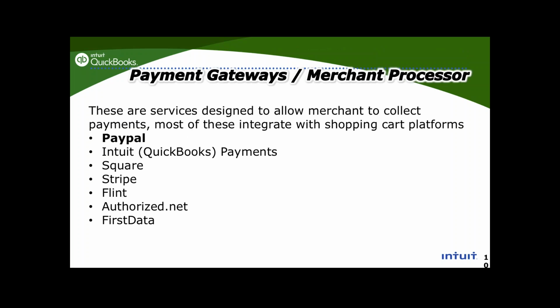So these are all payment gateways or merchant processors. Sometimes they're both, and these are designed to get the money into the merchant's bank account, right? So it's whatever it takes to take it away from the customer and into the business that's selling the product. That's what PayPal or QuickBooks Payments, that's what a payment gateway or a merchant processor does.